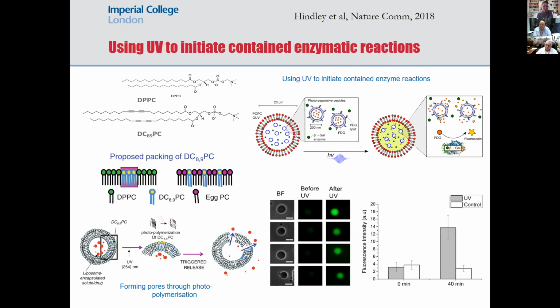You saw some really nice work in the previous talk about the use of light. So we use that as well to trigger these enzyme cascades. So here's an example of a nested system where you've got small vesicles inside a larger GUV. And in this case, the lipids that make up the smaller nested vesicles are made up of a lipid called DC89PC, which when you shine light on it, it polymerizes and becomes porous, whereas the outer membrane is unaffected.